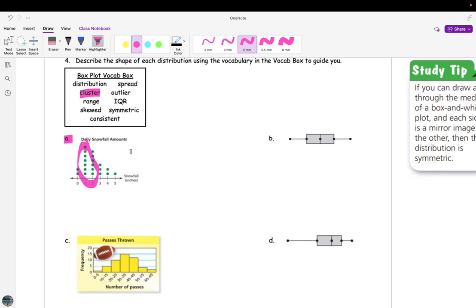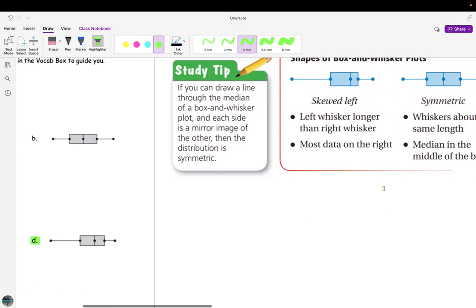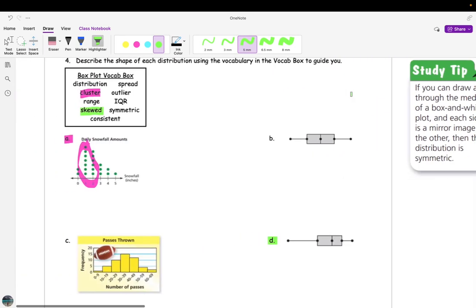But speaking of skewed, okay, let's talk about letter D for a minute, because letter D is for sure skewed. And if we remind ourselves here, when most of the data is to the right, that means it's skewed left.